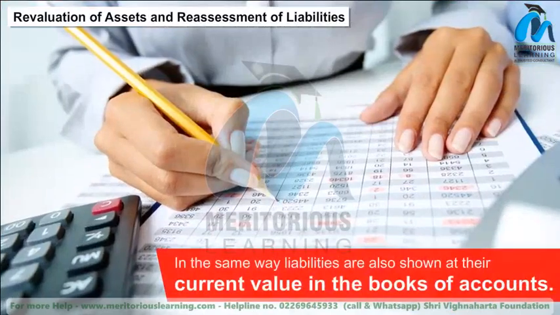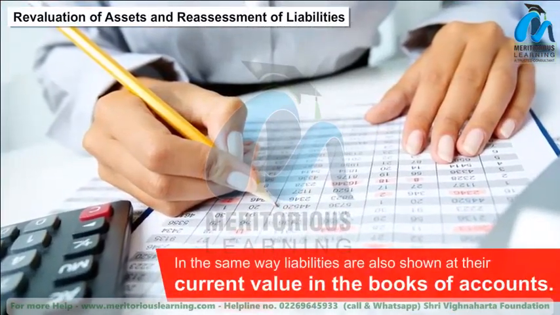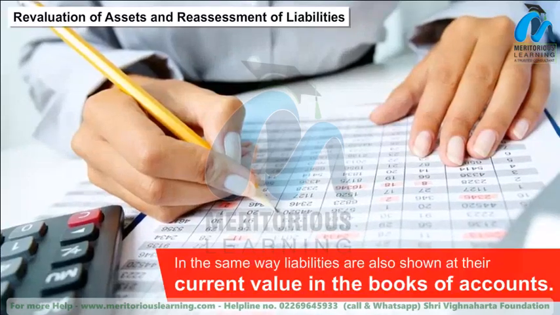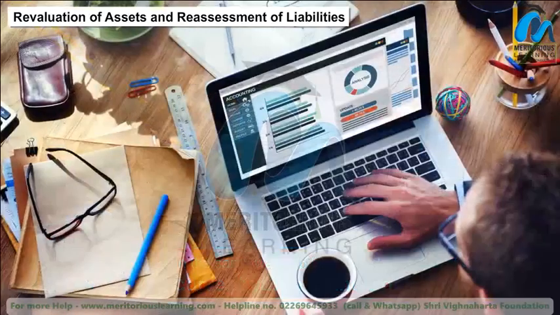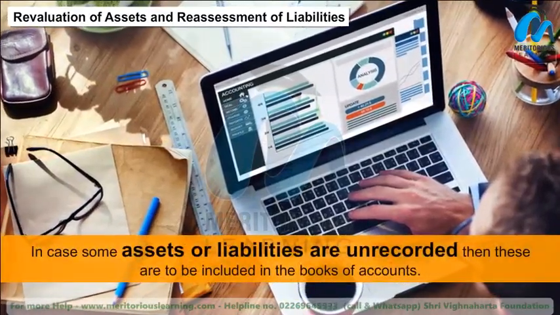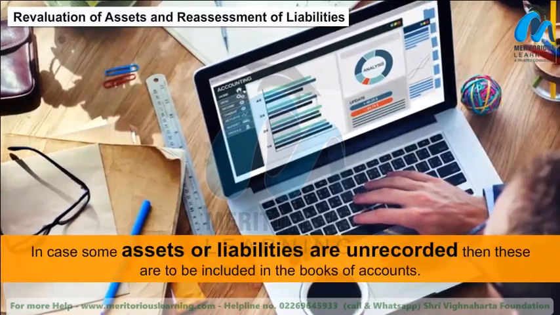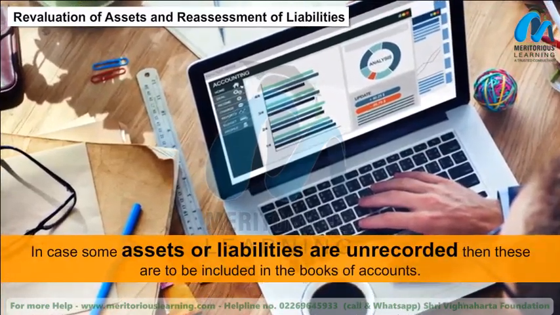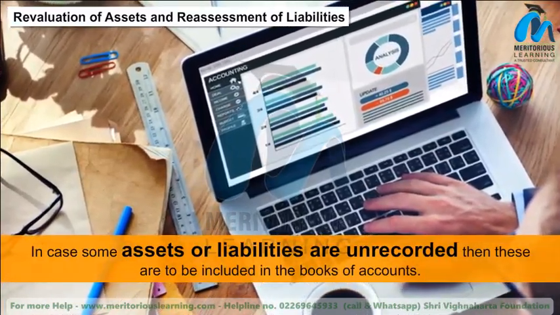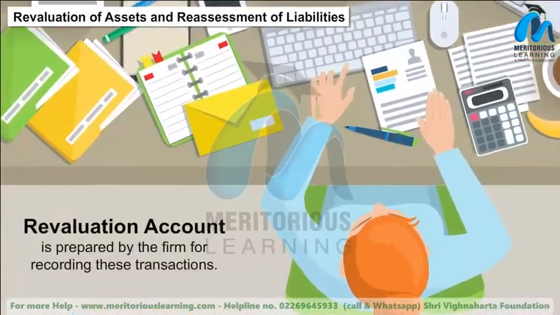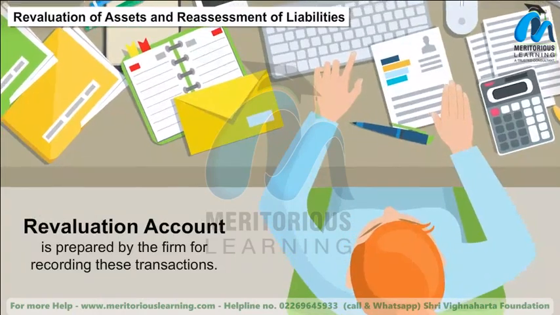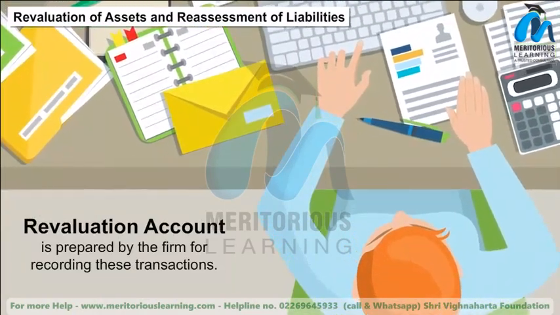In the same way, liabilities are also shown at their current value in the books of accounts. In case some assets or liabilities are unrecorded, then these are to be included in the books of accounts. Revaluation account is prepared by the firm for recording these transactions.